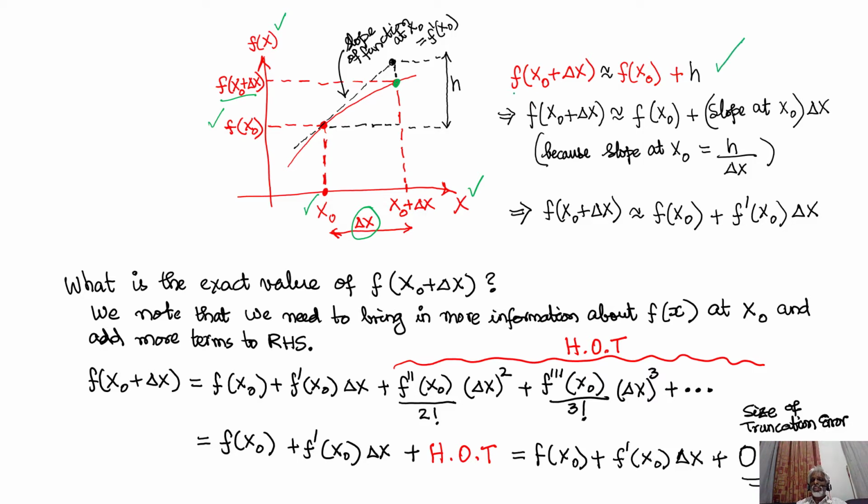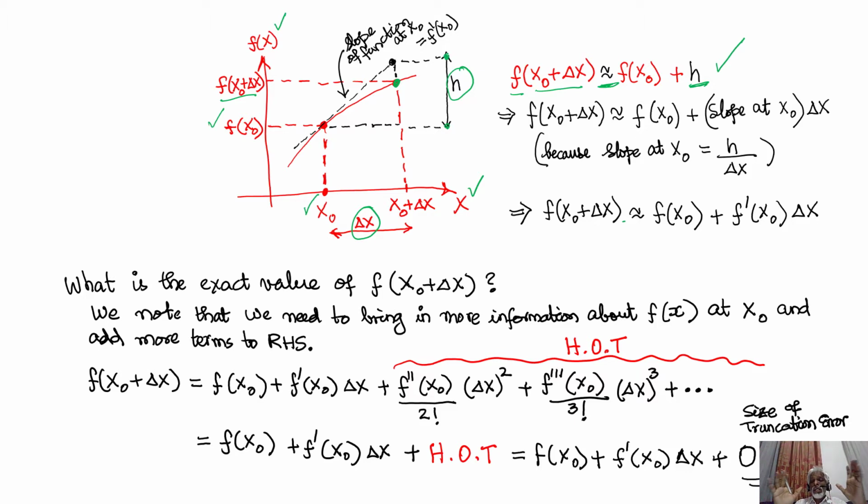The value of the function at x naught plus delta x is approximately equal to the value of the function at x naught, and then you add h to it, right? H is the vertical height between the points that you see there, between the red point and the black circle point, which has this value of f of x. So that height is h.